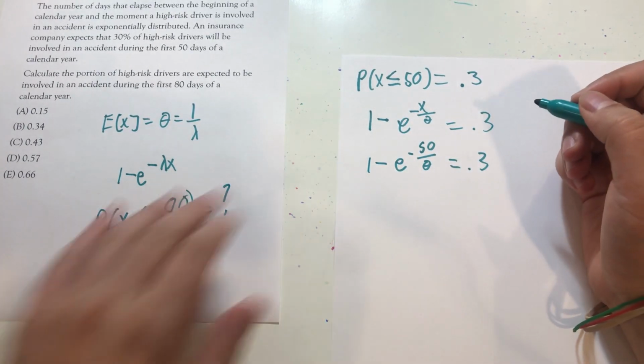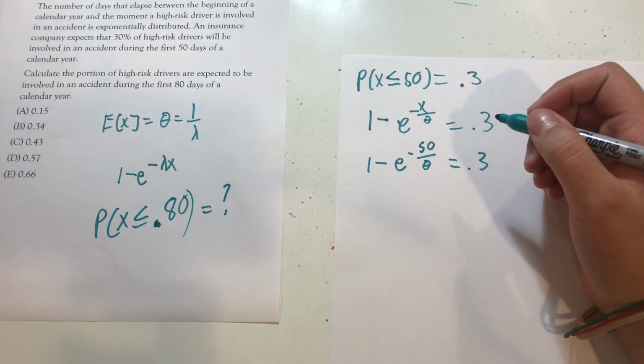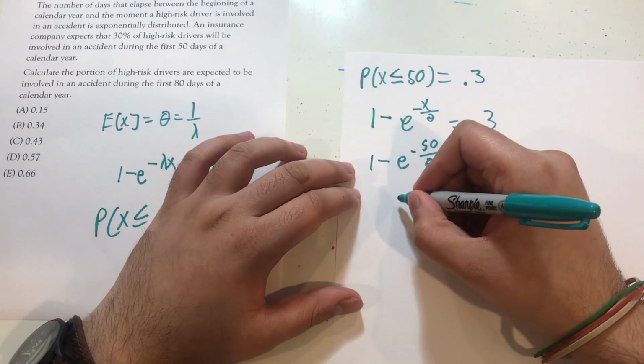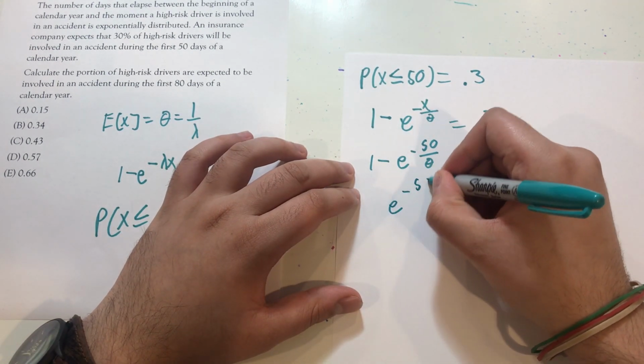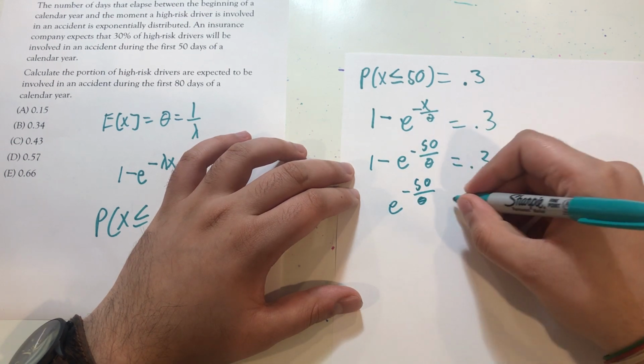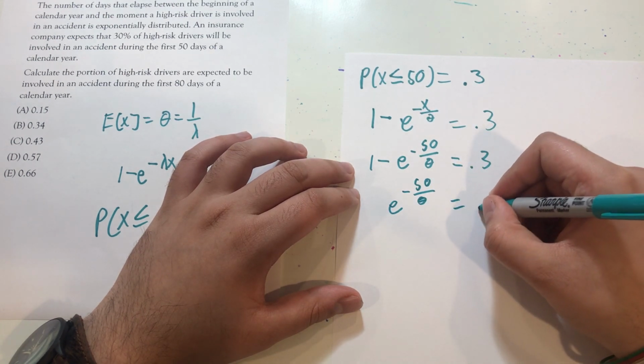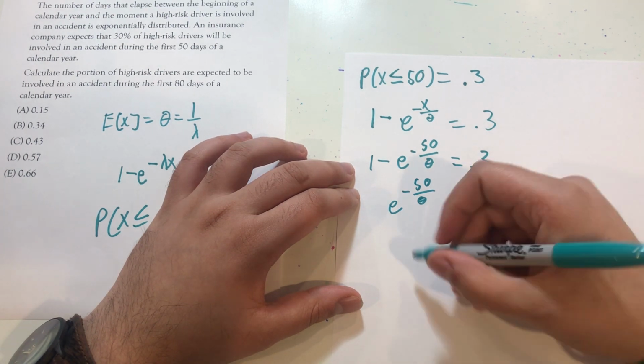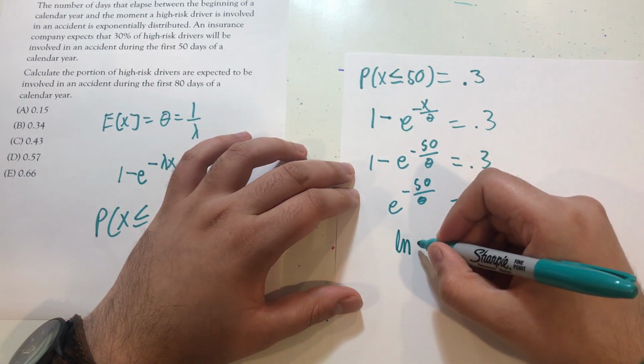So I subtract 1 from both sides, and I divide by negative 1. So that's 0.3 minus 1, and divided by negative 1, that's 0.7. So e to the negative 50 over theta is equal to 0.7. And then I have to take the natural log of both sides. So ln.